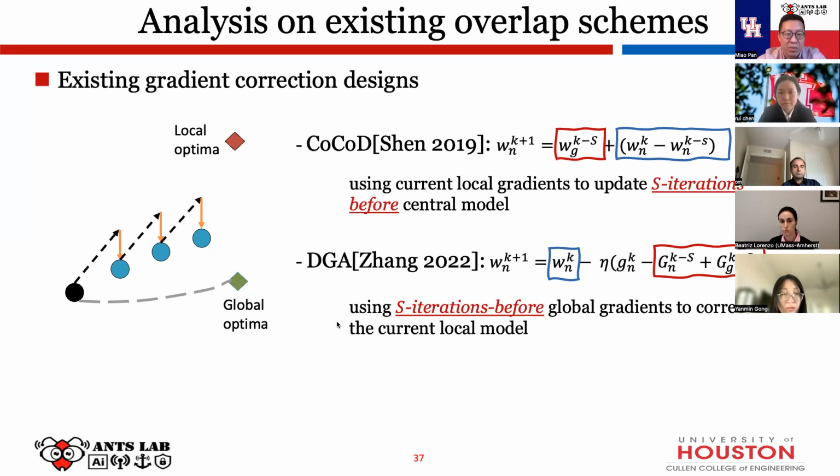We just try to pull the local model training closer to the global optimal. That's the same, right? But even for the error correction, they provide some theoretical results that are a very loose bound, right?